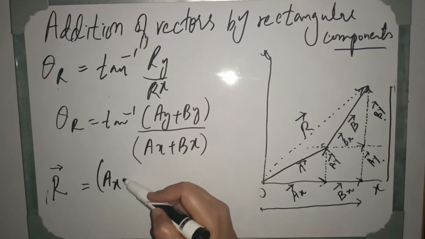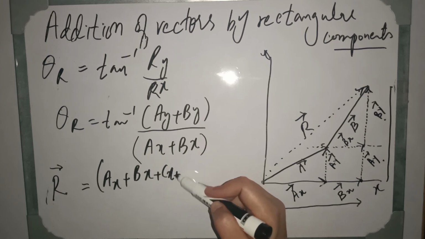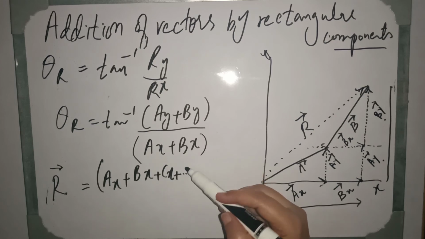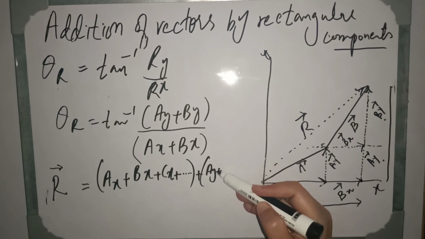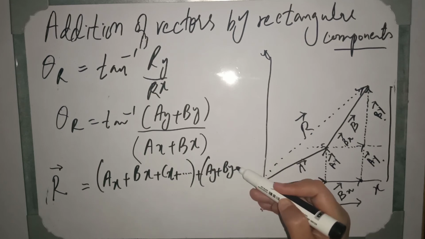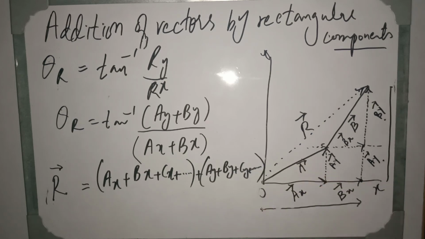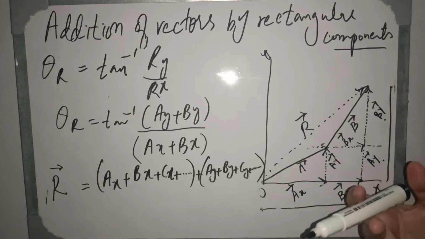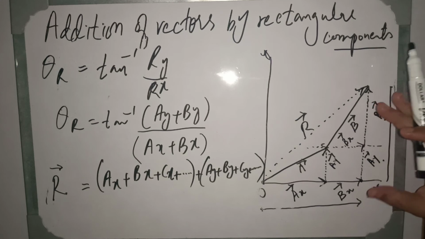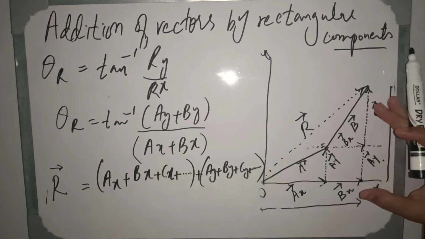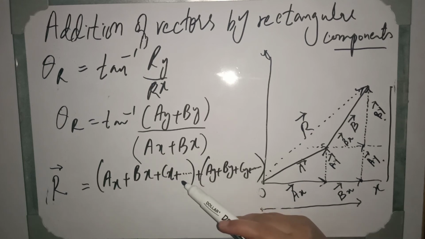For example, ax plus bx plus cx plus up to so on, and plus ay plus by plus cy plus up to so on. Up to so on means we can add as many vectors as are available in this diagram. In this diagram we have only two vectors, but if we have more than two vectors to add, then we may write down all these vectors in this equation.